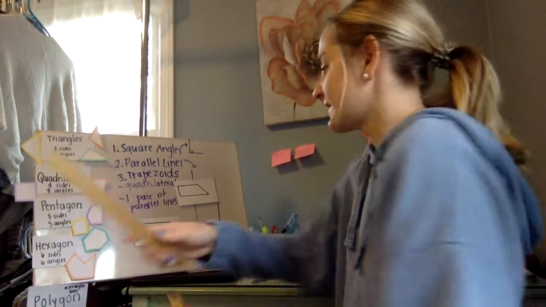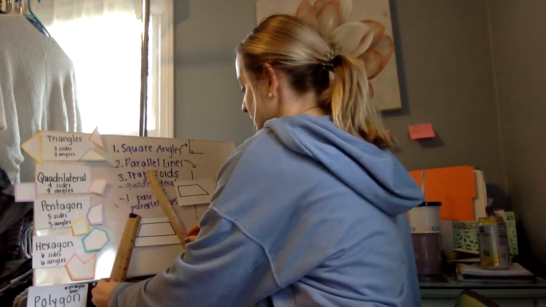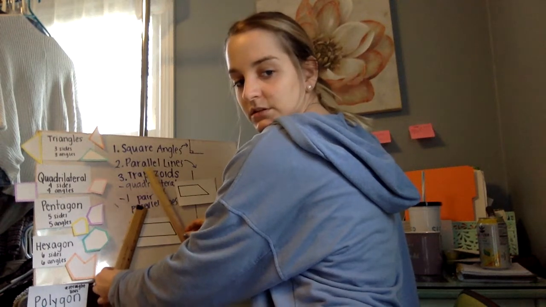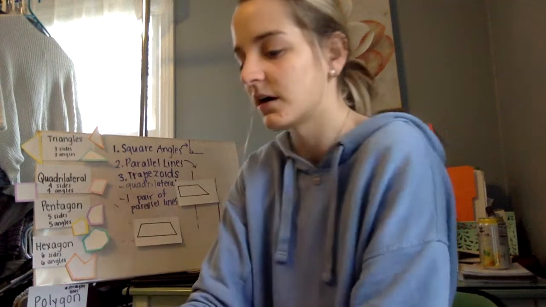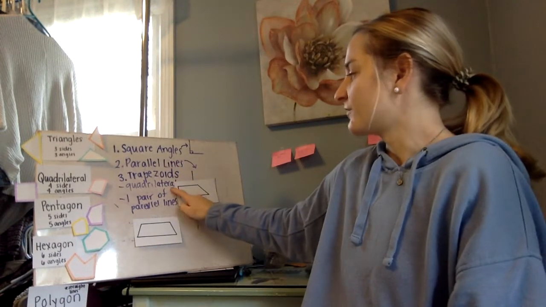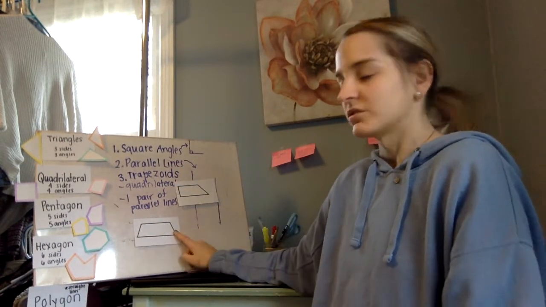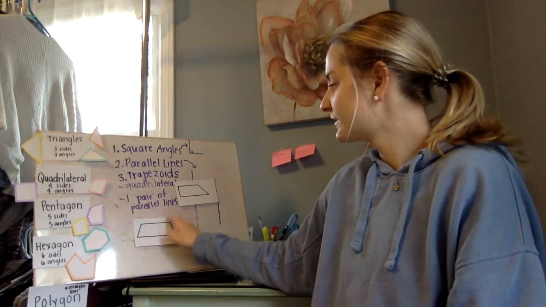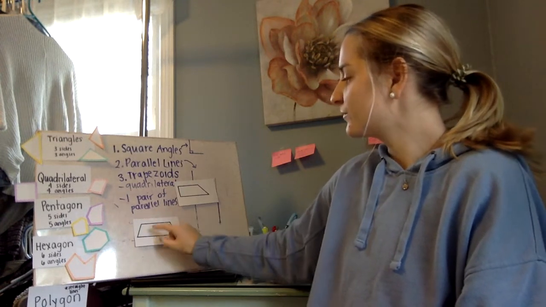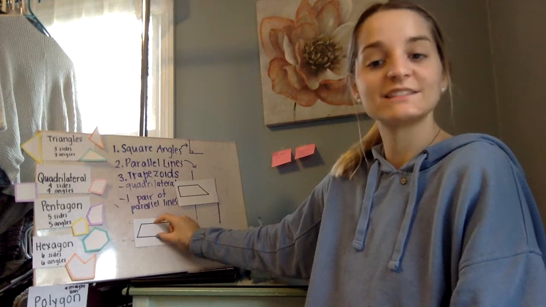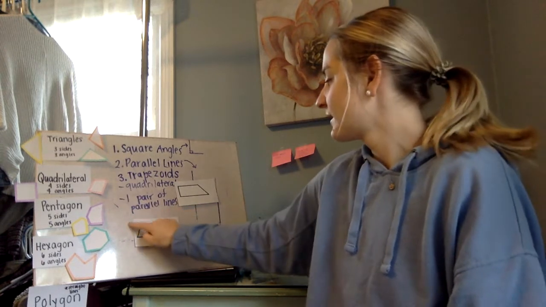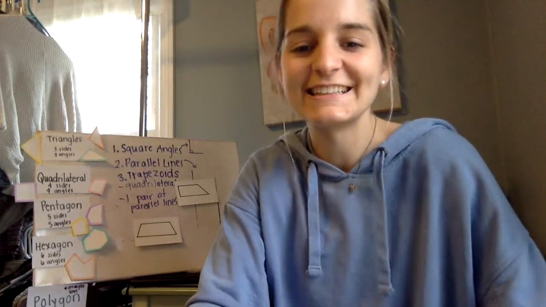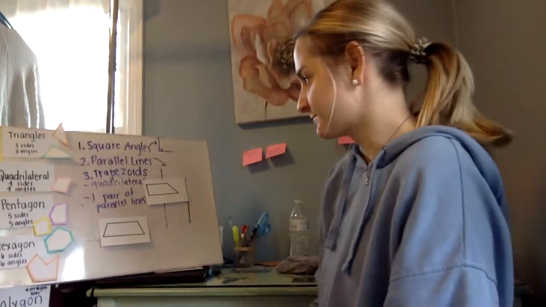But let's check the sides. If I line up my rulers, oh no, look, they touch. So I have a quadrilateral because I have four sides and four angles, and I have one pair of parallel lines. So, friends, is this a trapezoid? And I really hope you all said yes, it is a trapezoid.